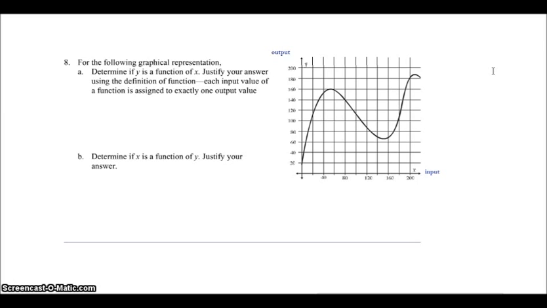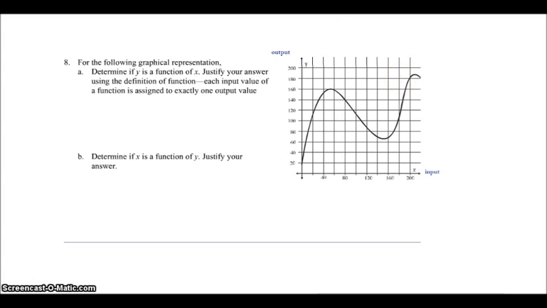Now we need to see if for each input value there is exactly one output value. So scanning the x-axis, scanning the inputs, looking at the function here, I don't see any input values for which there is more than one output value.